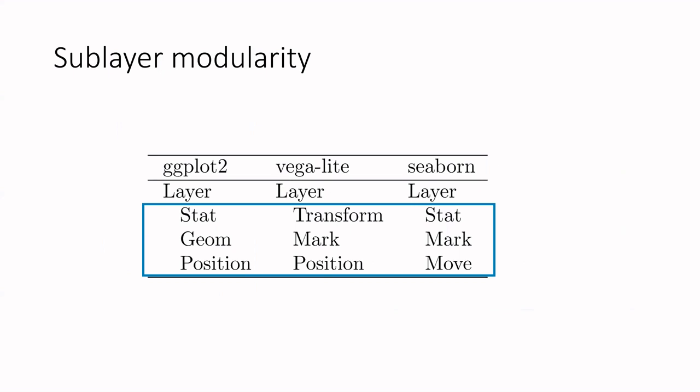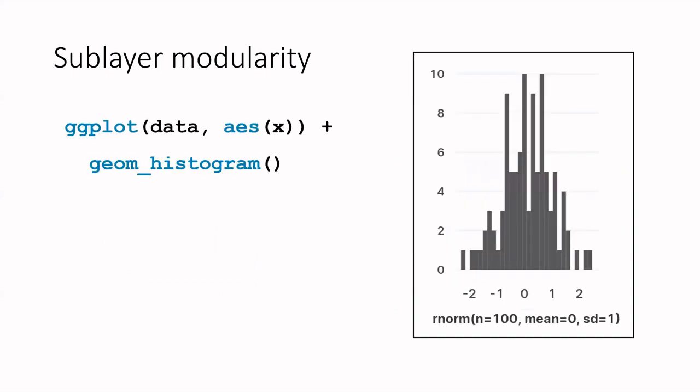In practice, it's often implemented in a very specific way where the sublayer components are largely invisible to users. You know this if you've used ggplot or any one of these other libraries before, but to plot something like a histogram, this is all it takes to express that in the code.